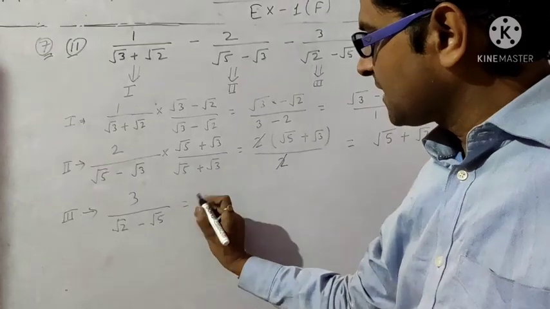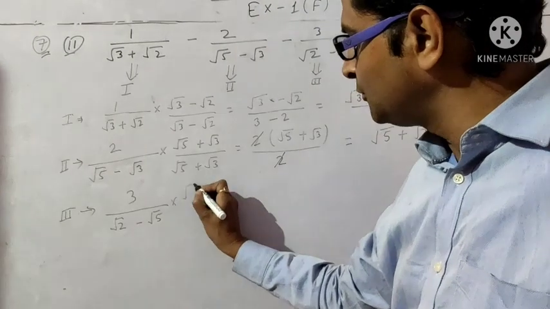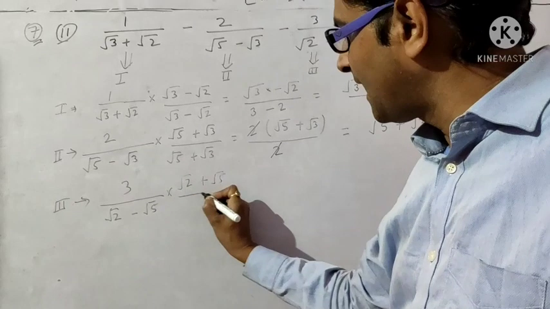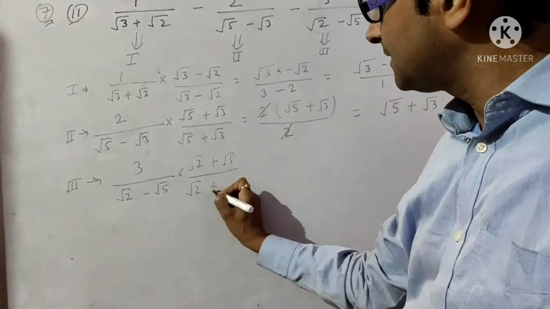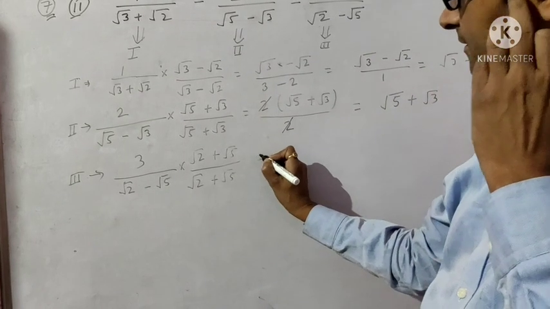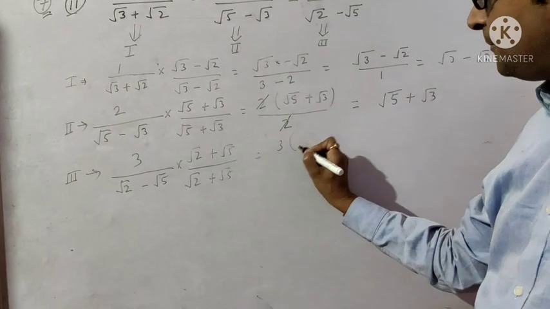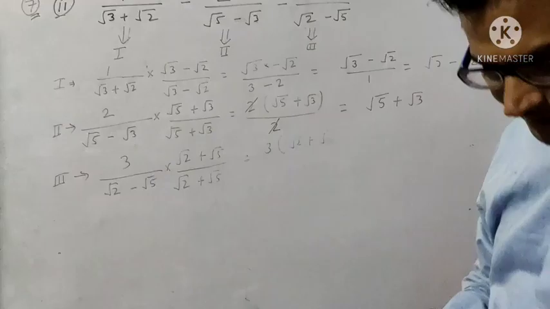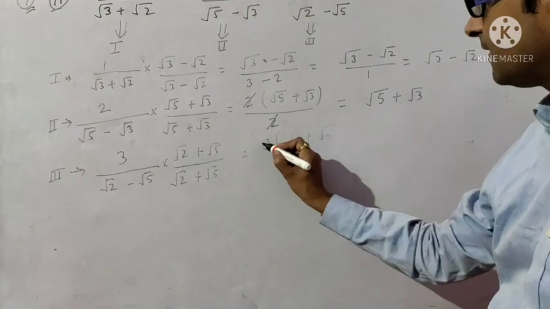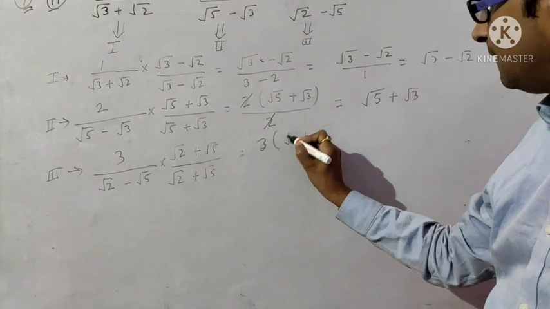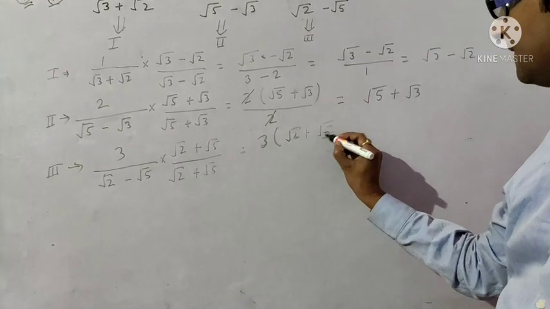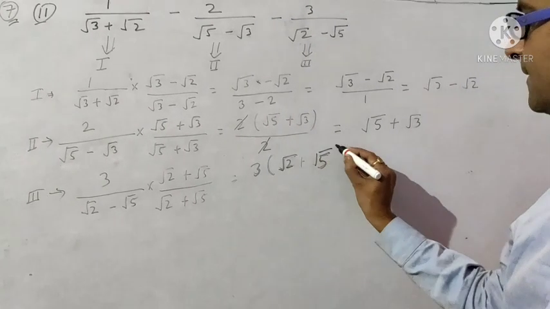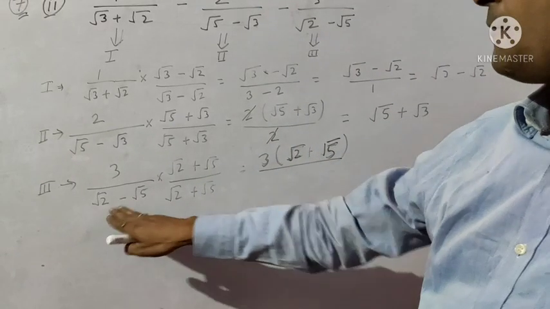So here again rationalize student, root 2 here is minus, then plus root 5 divided by root 2 plus root 5. 3 multiply root 2 plus root 5, divided by, here is again the form of a plus b into a minus b.